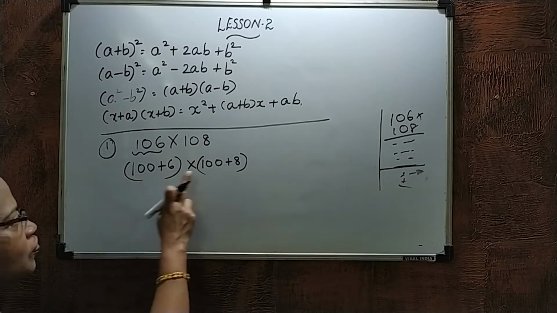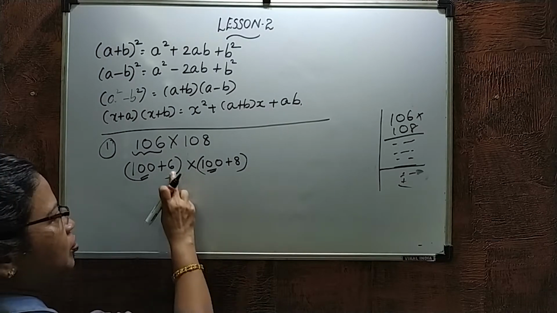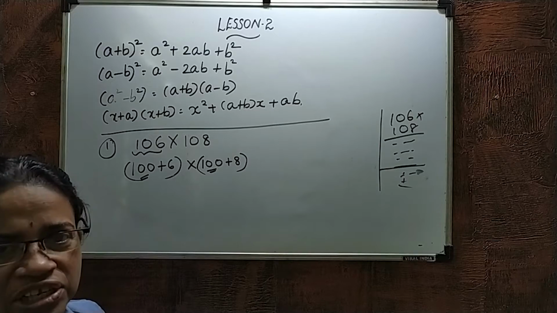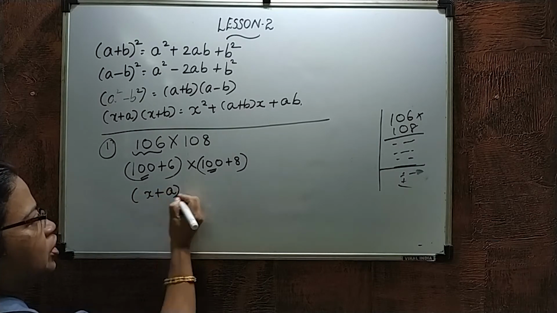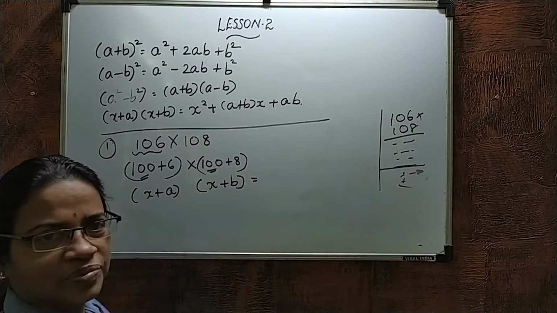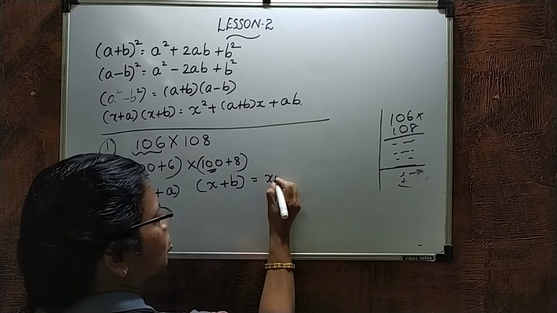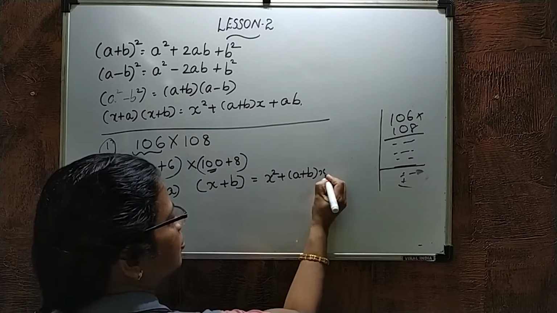Look, in the first terms both are the same, in the second terms both are different. So which identity? Yes, it is x plus a into x plus b equals what? Can you remember the identity? It is x square plus a plus b into x plus ab.